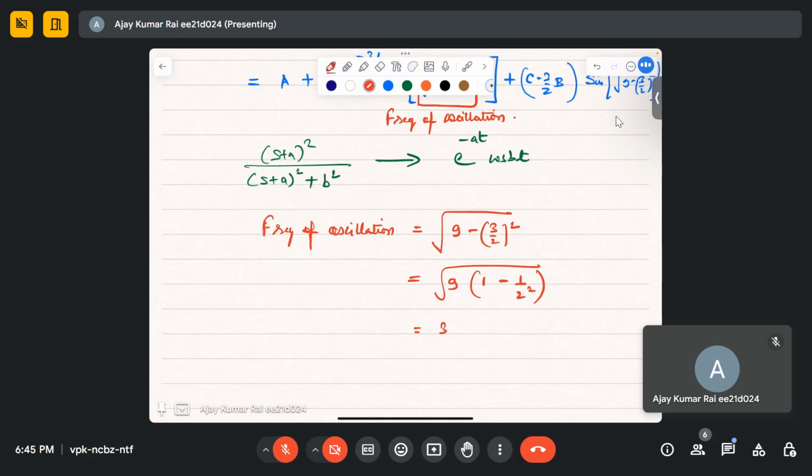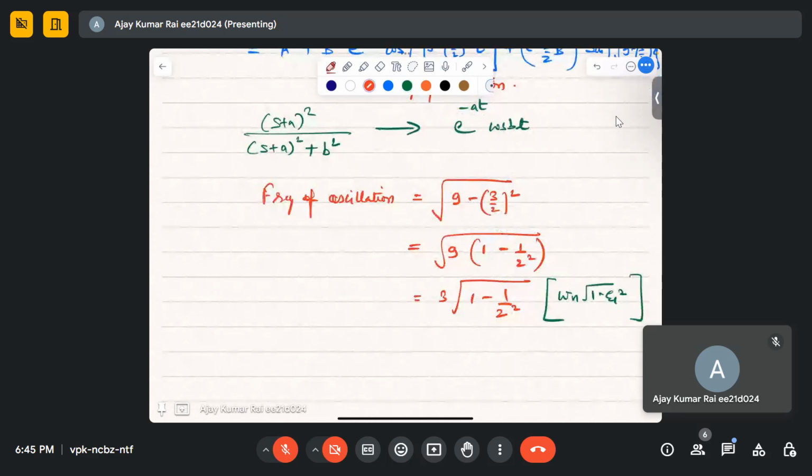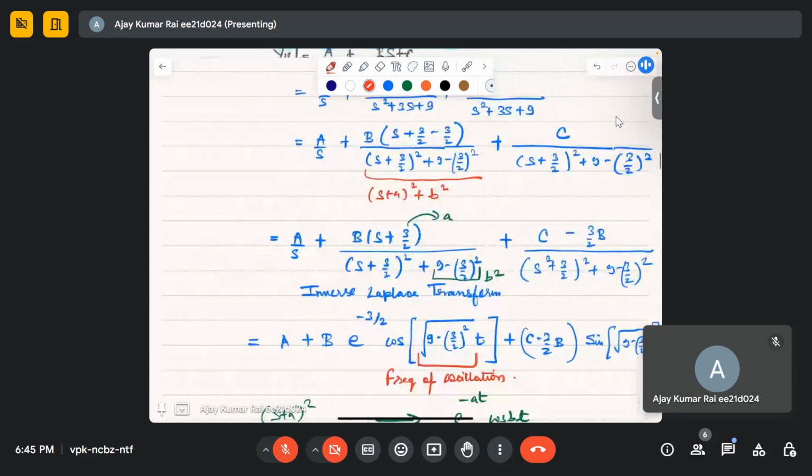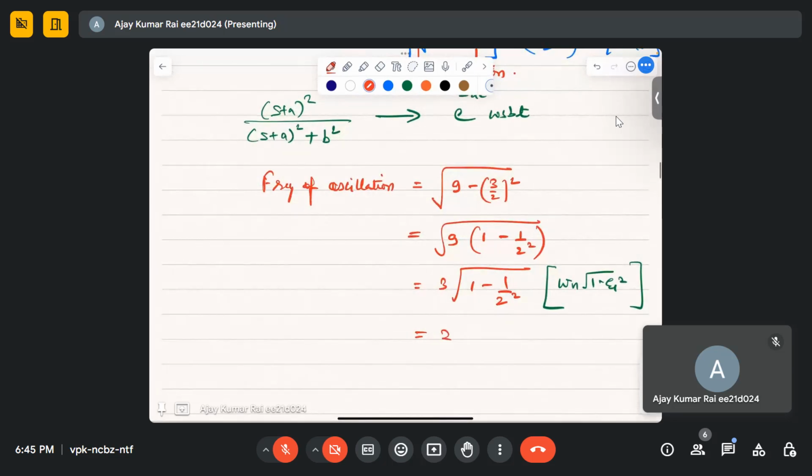So this you're writing as 3 into root of 1 minus, again same thing. You know this was omega n into root of 1 minus eta square. Same form, that's how you'll get the same answer. So what was the answer? 2.6 radian per second you'll get.